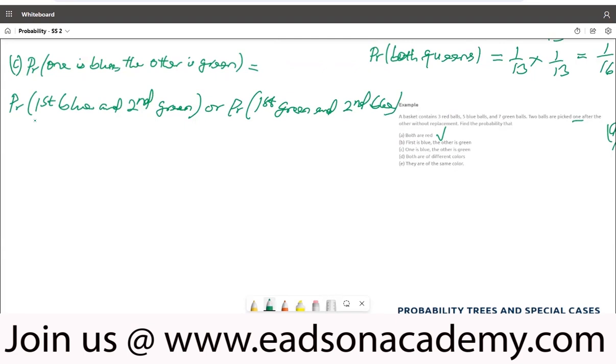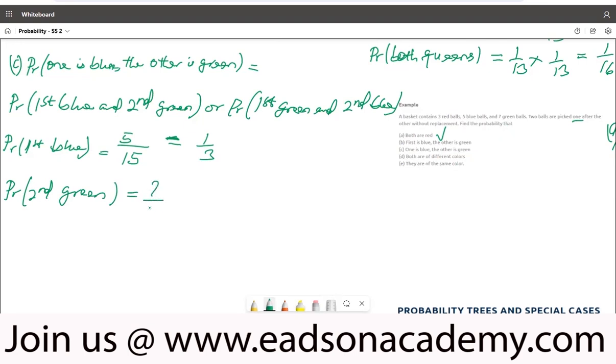So in that case, I want to get the probability now one after the other. The probability that first is blue is 5 over 15, so there are 5 blue balls there, which is 1 over 3. The probability that the second is green is 7 over 14.